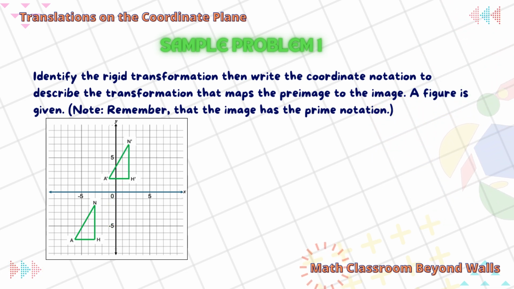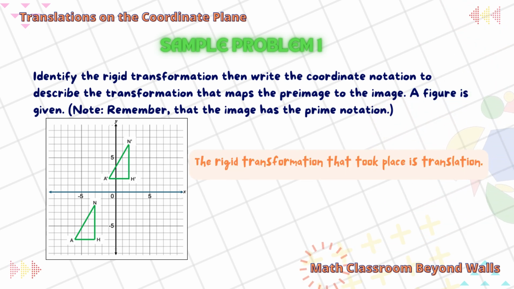What do your noticings suggest? That since the preimage is pushed to form an image of the same orientation, the transformation that took place is translation. There you are, learners. We have just identified the rigid transformation that took place. Translation.